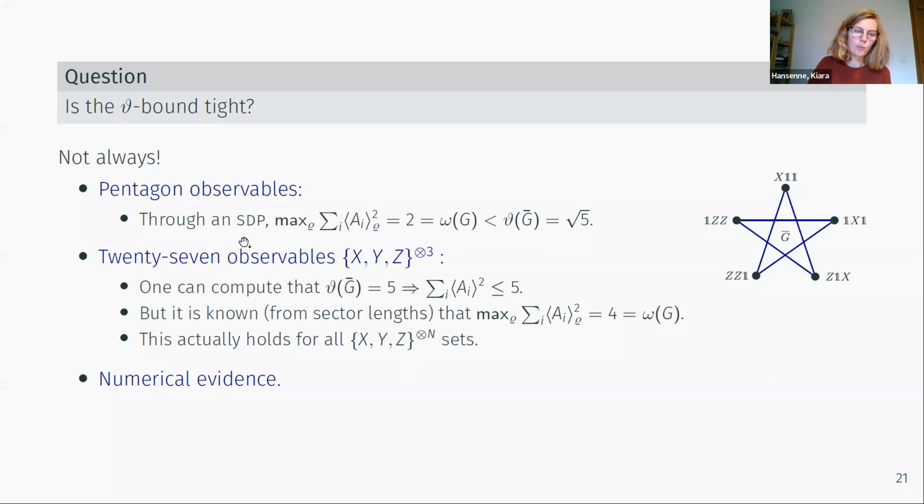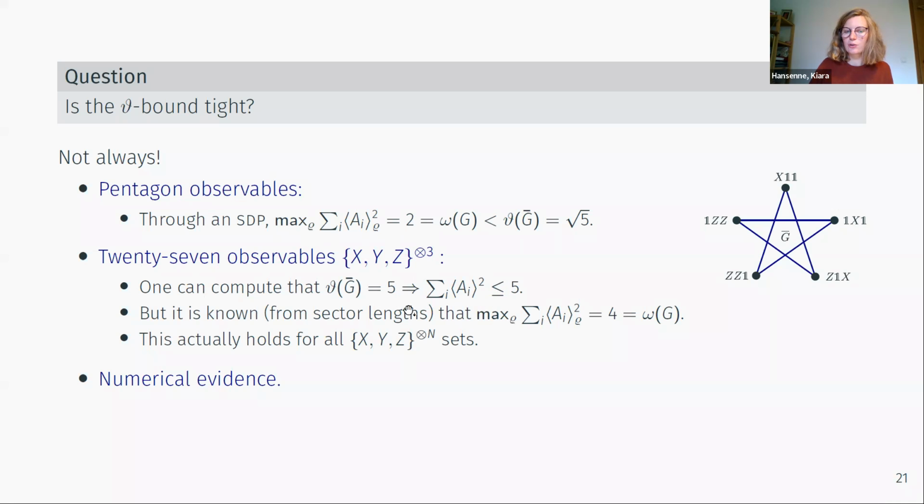So another example is when you take the 27 observables of this form, meaning you have Pauli operators X, Y, and Z, and you take 3-fold tensor products of them. So for instance, you can take Y tensor Z tensor X, and so on. So all of them. You take all those 27 as a set, and then you can compute the Lovász number of their anti-commutativity graph, which happens to be equal to 5.